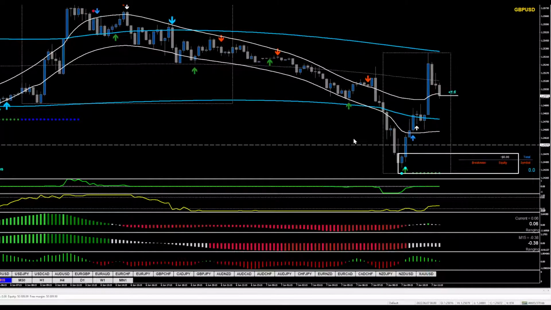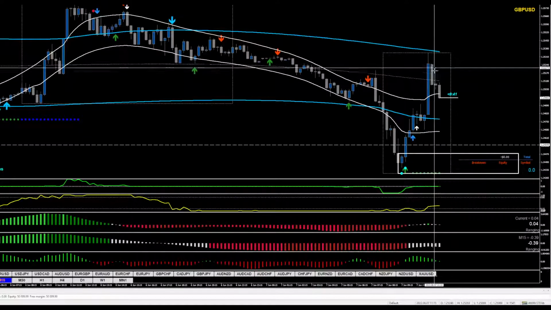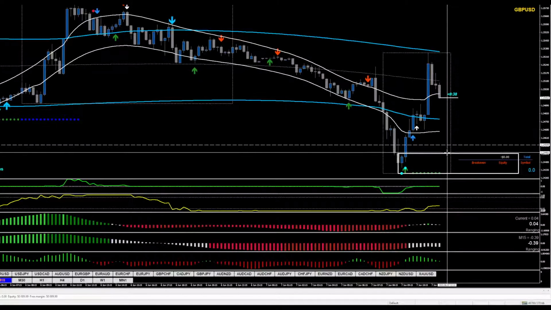Huh. This could have been a setup too. Having that strong move down, and then a strong move up, and then positive news on the pound right around this area. So maybe this was to trap buyers in here to then bring it all the way down to the order block. That would make sense.